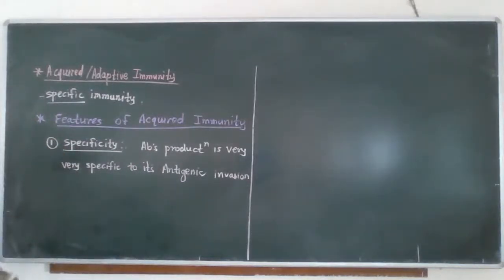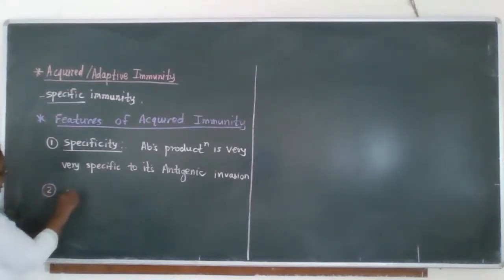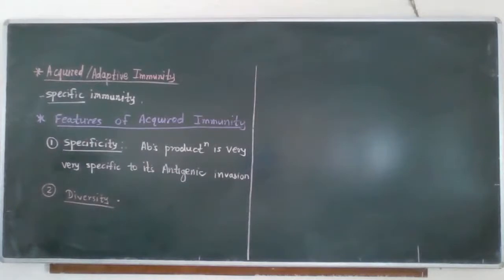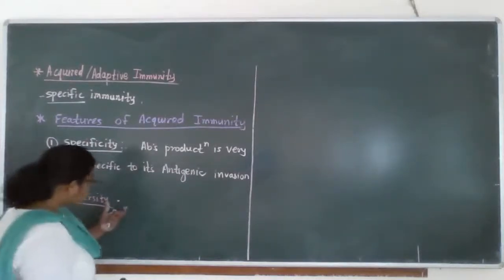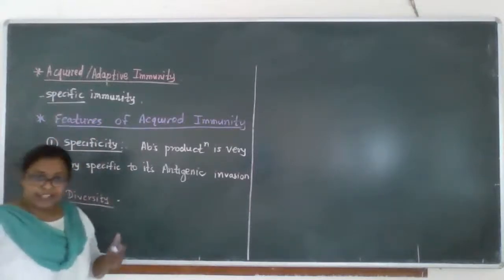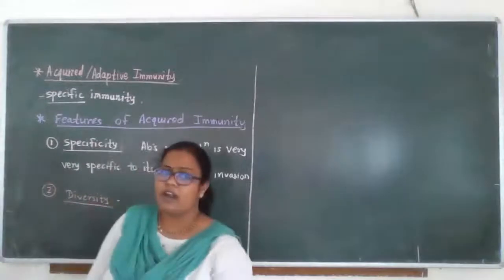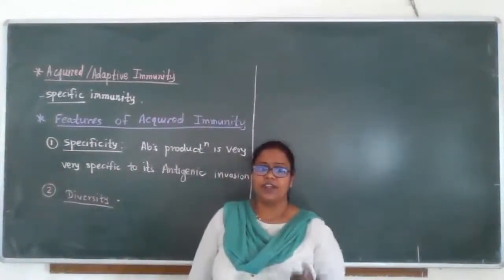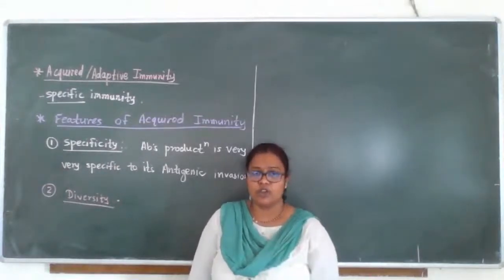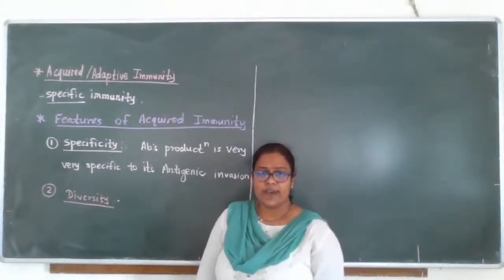The second feature is diversity. One of the characteristic features of acquired immunity is that there is tremendous diversity, as there are different types of pathogens, bacteria as well as viruses.